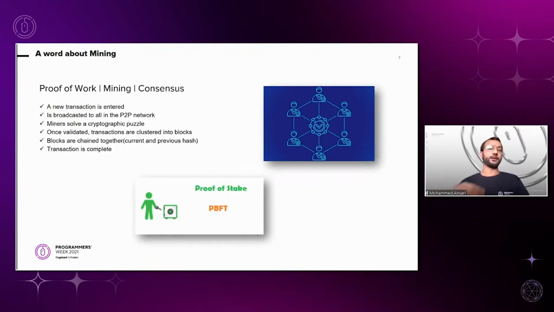Then there is another algorithm called practical Byzantine fault tolerance, which is a solution to a mathematical problem called the Byzantine Generals problem, introduced in the 80s. PBFT is of specific interest to enterprises implementing blockchain, because they cannot afford to have proof of work in place, as it consumes a lot of energy.